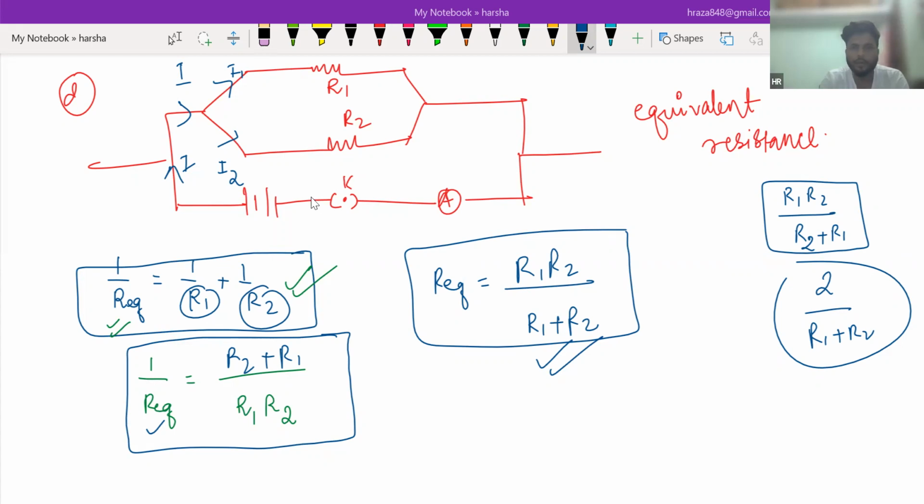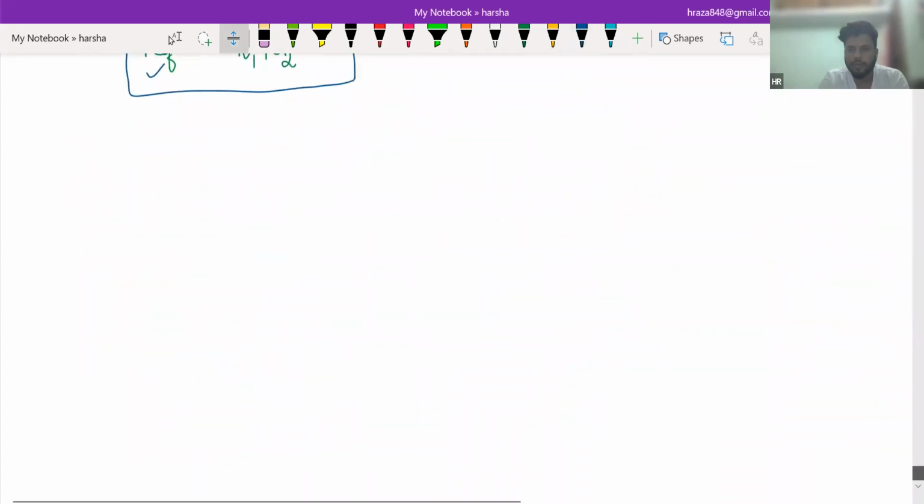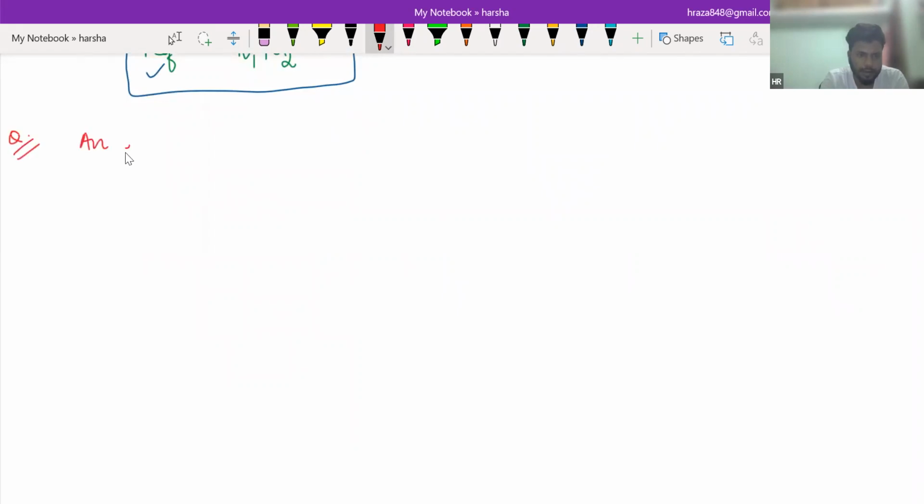Okay, I'm going to give you another question apart from this. Basically, this is on Ohm's law. So the question is, write with me, an electric lamp. Wait a minute, please wait a minute.